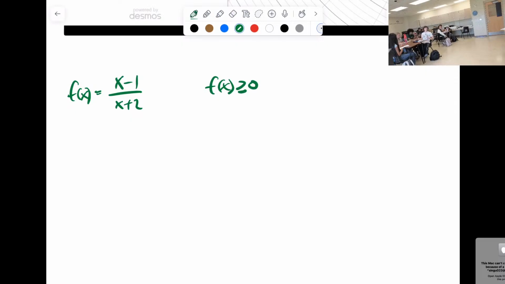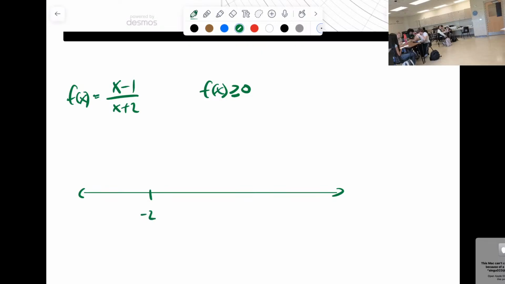Greater than 0. Okay, so obviously you're gonna do this, and this is gonna be at -2. Why do I have to get -2? x plus 2 is equal to 0, x equals -2, endpoints. And this is 1, right? So it'll be x minus 1, x plus 2.